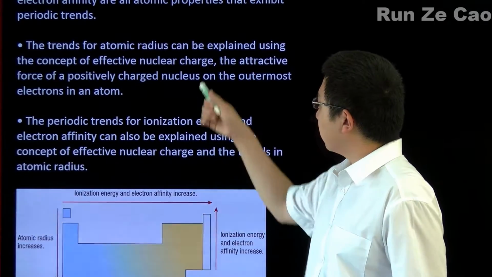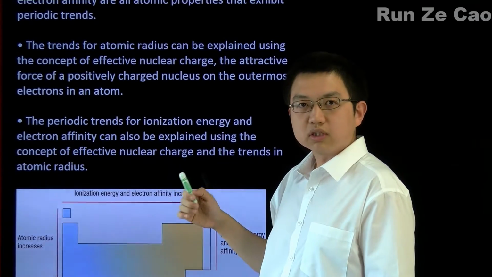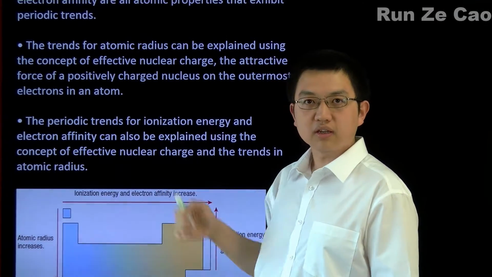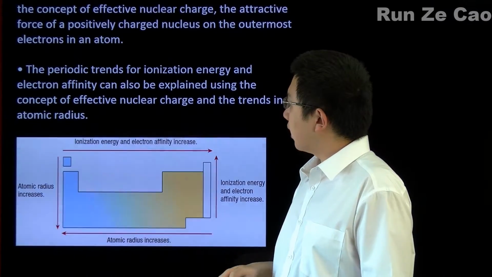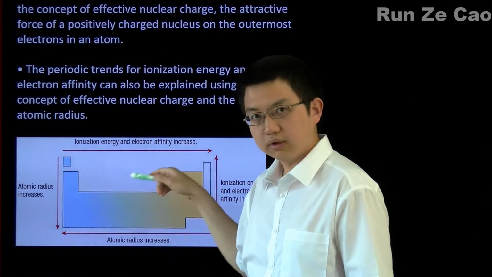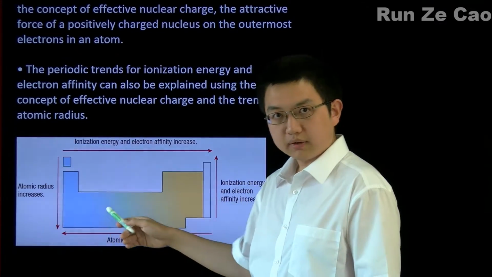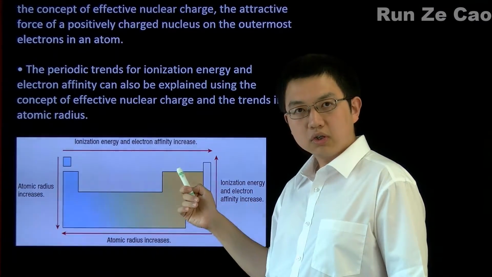So the trends for atomic radius can be explained using the idea of effective nuclear charge, which means how effective the nucleus is at holding in the electrons. Now, this is a good diagram. Atomic radii increase towards this end, and atomic radii decrease towards that end, where electrons are held tighter.